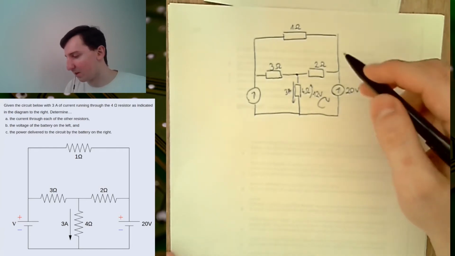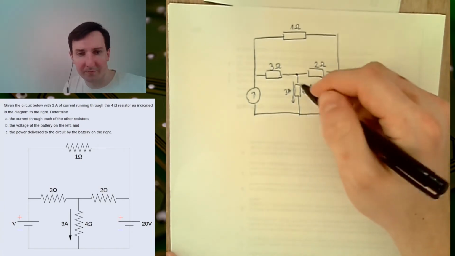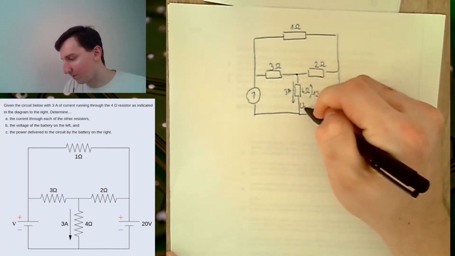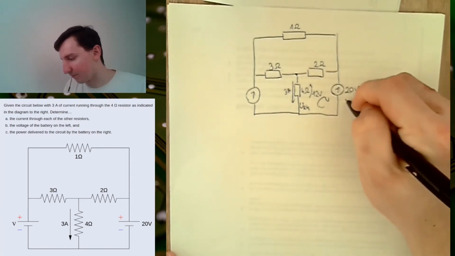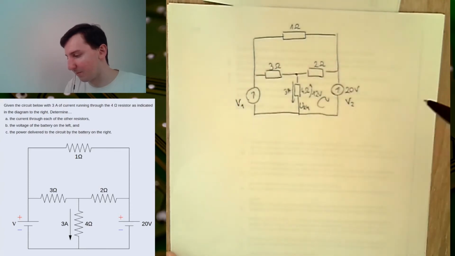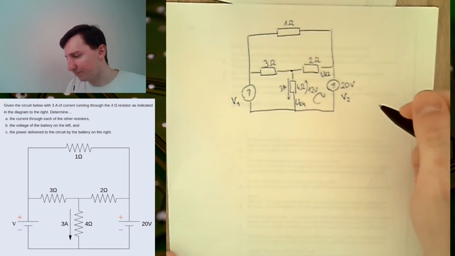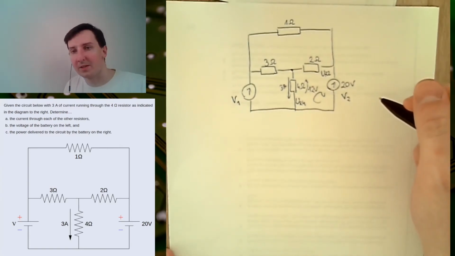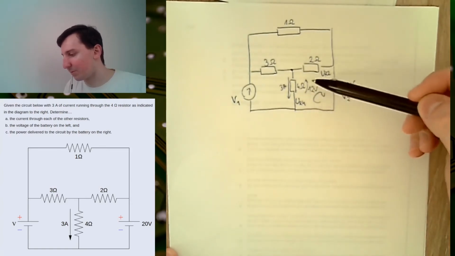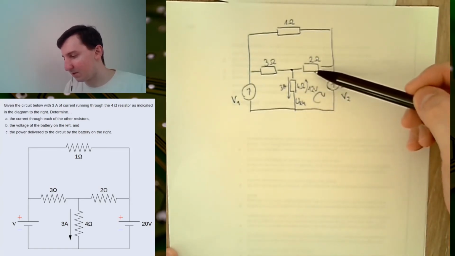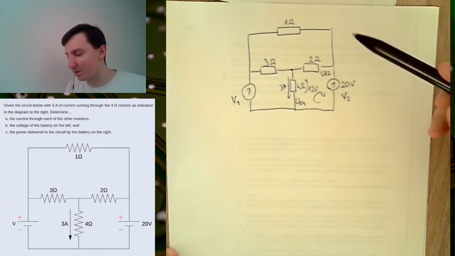Okay, so we know that, let's call this UR4, and this is V2, this will be V1, and this is UR2. So what we do know is that this voltage drop plus this voltage drop must be equal to this one, okay, because this is in the opposite direction.